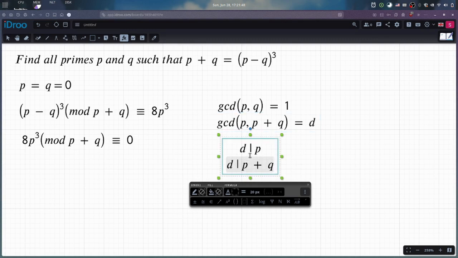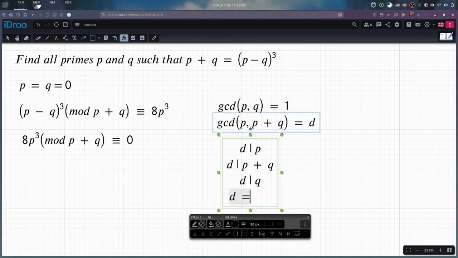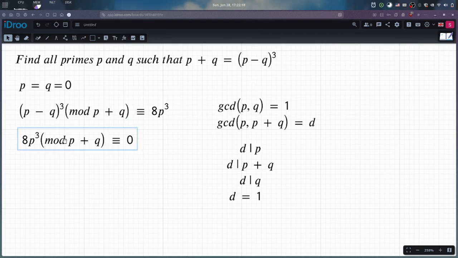But if d divides p and d divides p plus q, then d must divide q. And if d divides q and d divides p, then GCD of p and q must be d, but that's not possible unless d is equal to 1. So therefore d is equal to 1, which means that p and p plus q are relatively prime to each other. Okay, so if they're relatively prime to each other, then p cubed and p plus q would also be relatively prime.